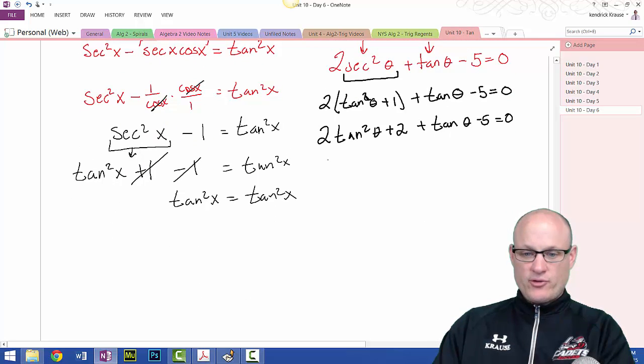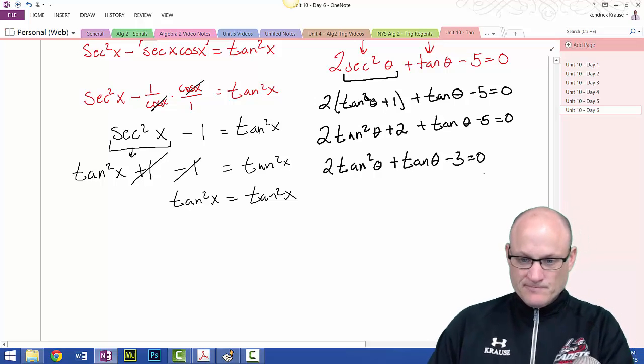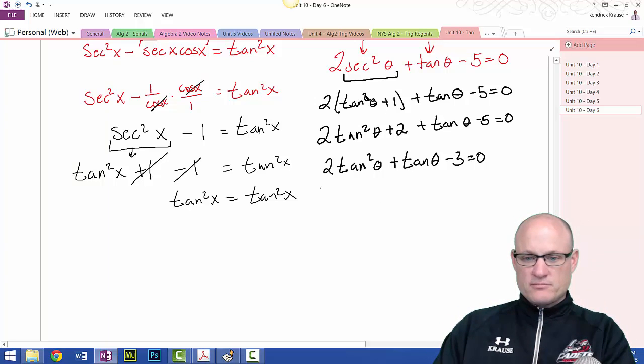So this is 2 tangent squared theta plus tangent theta minus 3 equals 0. I feel like I've done this one before. I'm going to work backwards.